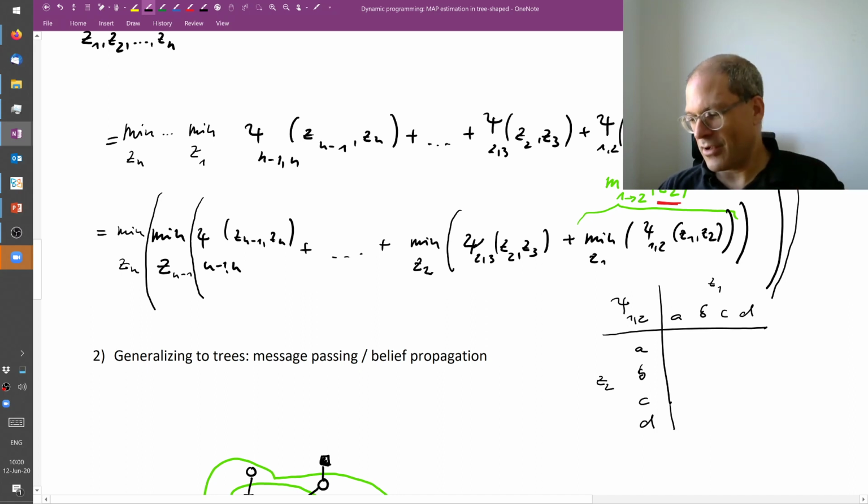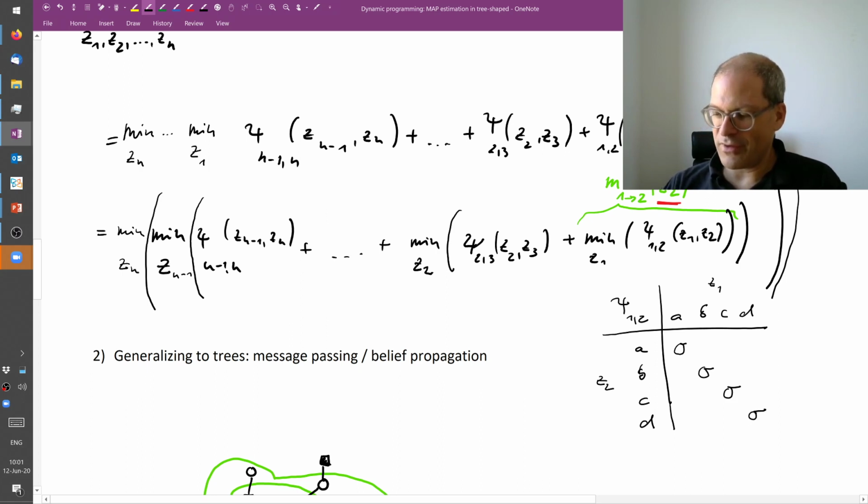For example, a smoothness prior would say, okay, if we transition from A to A, the penalty is nothing. So we have zeros on this diagonal, and perhaps we could say, all right, we have a penalty of 1 off the diagonal, and then perhaps a quadratic penalty.